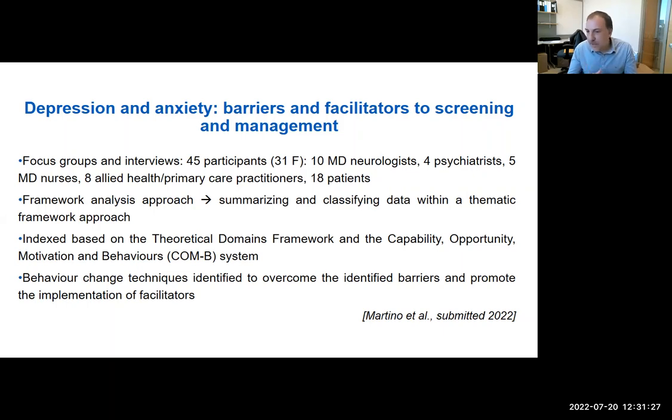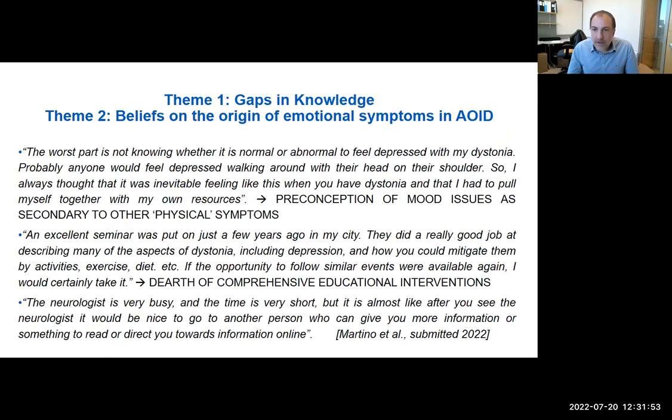We applied state-of-the-art qualitative research methodology to identify relevant barriers and facilitators, and also behavior change techniques that might overcome the identified barriers and promote the implementation of facilitators. And I'm going to now run by you a number of the emerging themes that have come up from this qualitative study. First of all, gaps in knowledge.